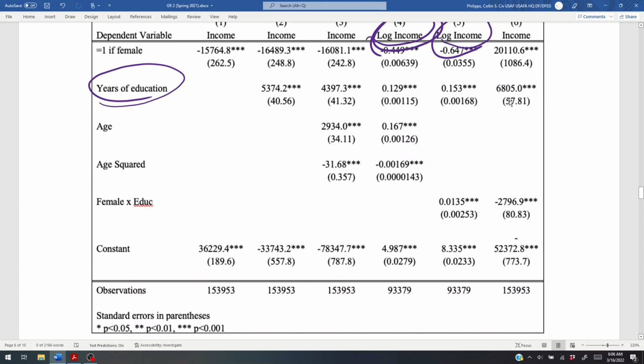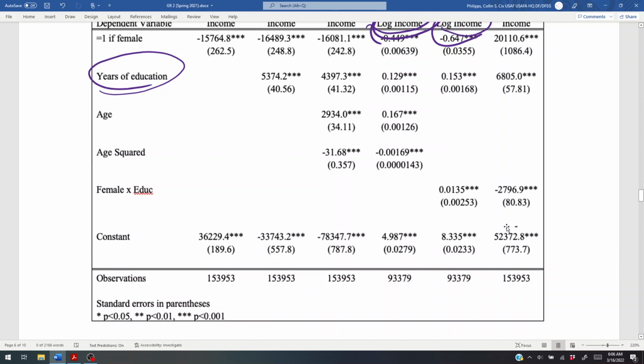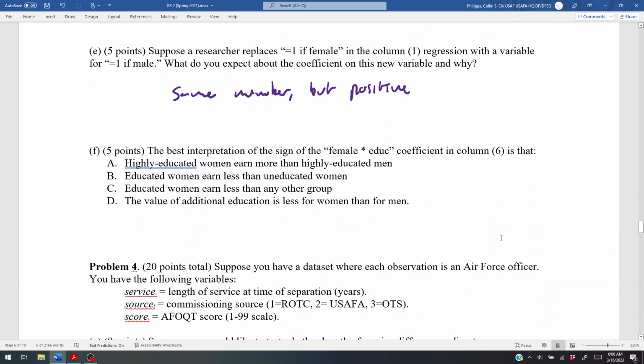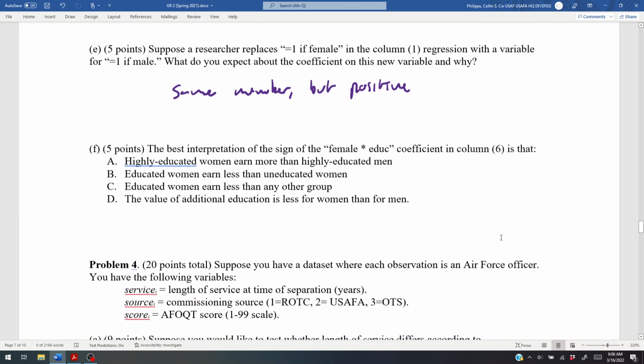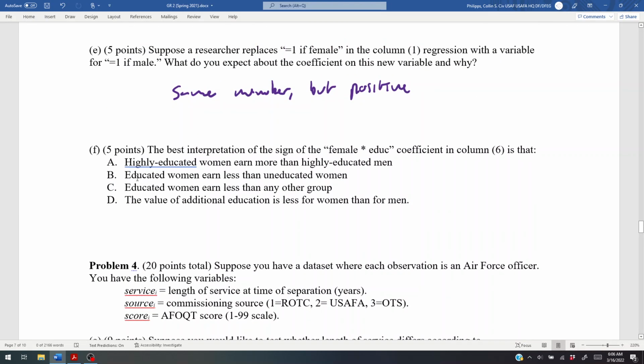The marginal returns to a year of education for men are 6,805. For women, it's 2,800 less than that. So that is the best answer. The value of additional education is less for women than for men. Perfect.